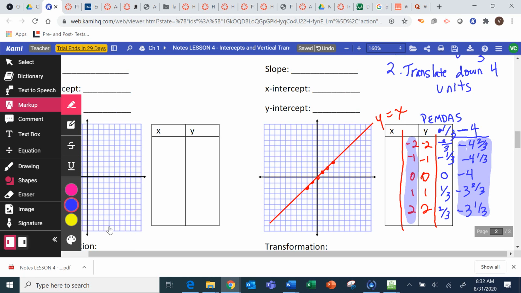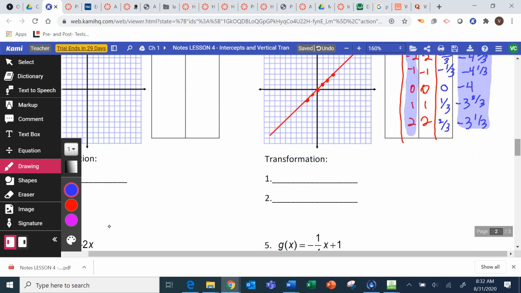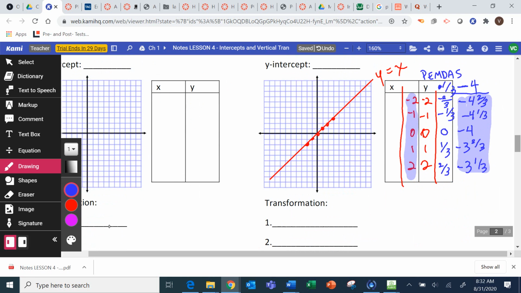So I'm going to go back to my graph, and I'm going to graph -2, -4 and 2/3. You don't have to write this. I'm just trying to be so obvious what I'm doing. I'm graphing -2, -4 and 2/3. I'm graphing -1, -4 and 1/3.